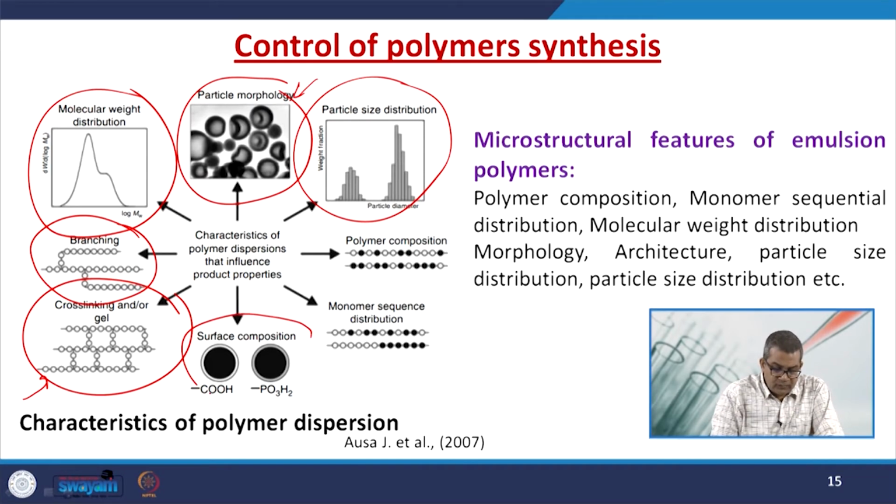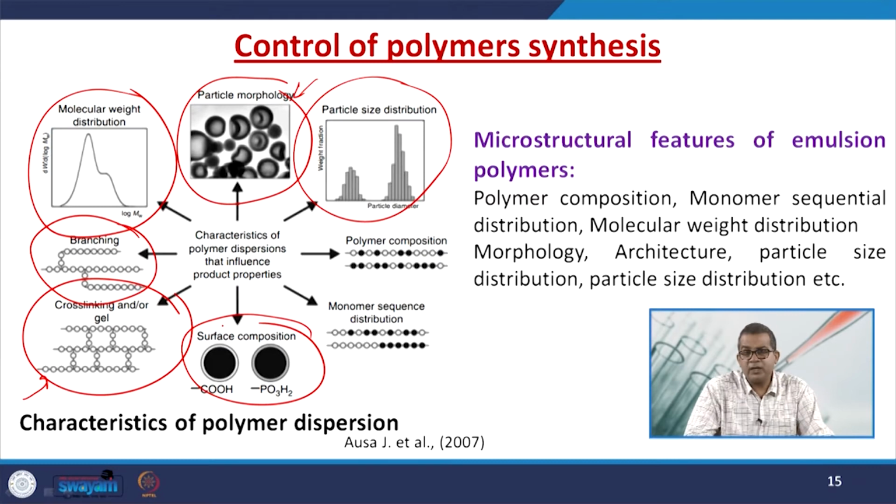Then the surface composition. Now, surface composition is usually attributed to the functional group attached to those polymer particles. If you are using it as an ion exchanger for a wastewater stream, then definitely you are looking for some specific functional group attached to that particular polymer particle.